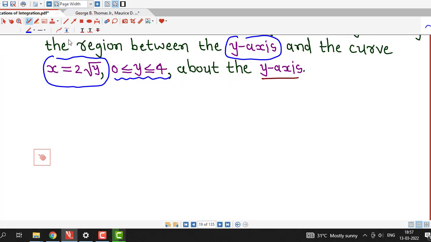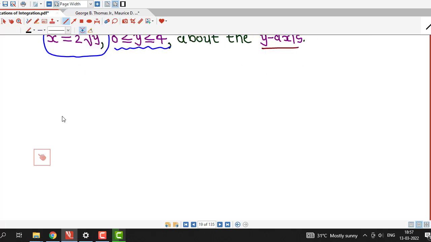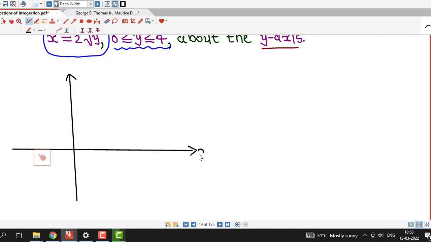First we sketch the plane region which we have to rotate about the y-axis. Suppose we consider this two-dimensional plane, and we denote this as the x-axis.